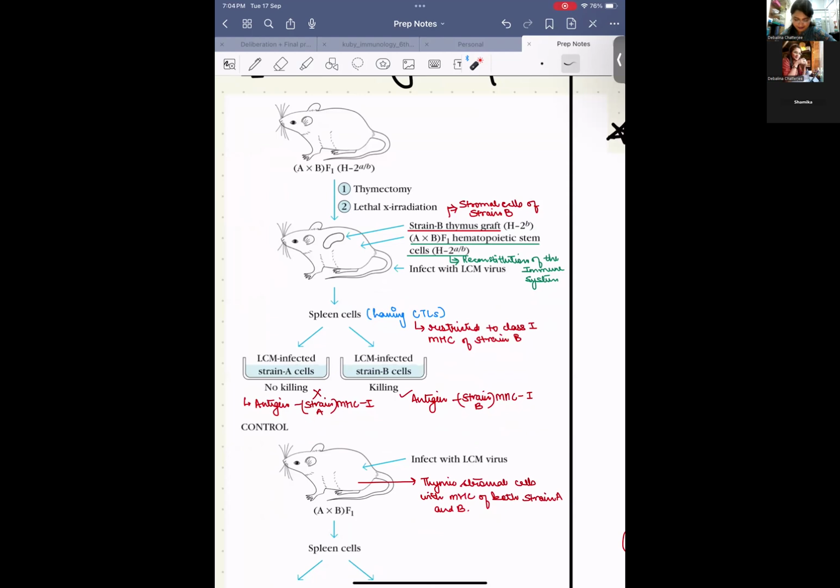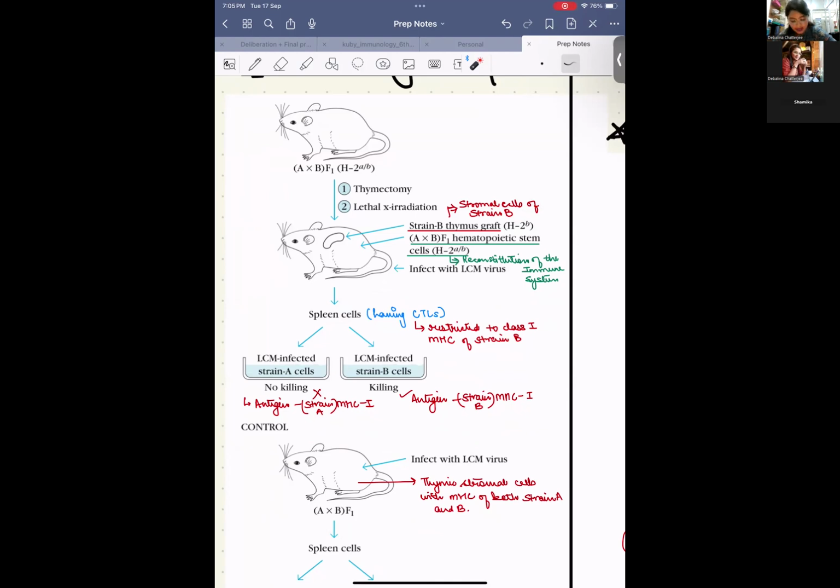In the second stage, where the strain B thymus has been grafted to the mouse, the mouse is having its own hematopoietic stem cells, of both strains A and B, right?